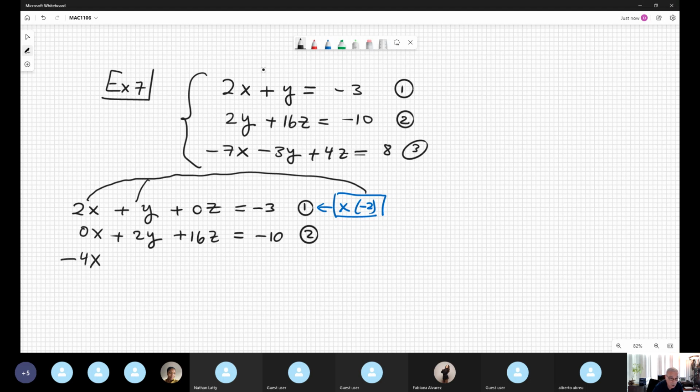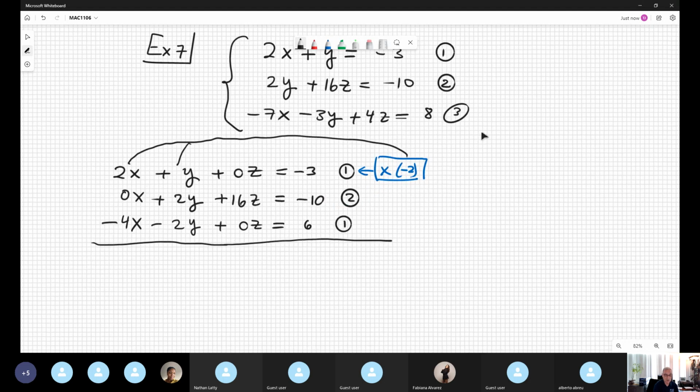Here is positive 1, but multiplied by negative 2 is minus 2y. This is the intention, plus negative 2 times 0 is 0z, equal, and negative 2 times negative 3 is positive 6. This is my new equation 1, equivalent, totally dependent on the original one, but it's more clear, at least for me, to understand the elimination process.